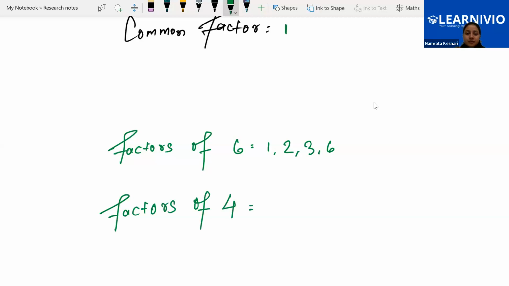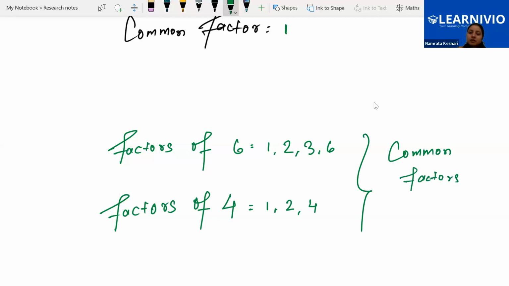Ma'am, 1, 2, and 4. 1, 2, and 4. What are the common factors in these two lists? 1 and 2. 1 and 2, these two are common factors.